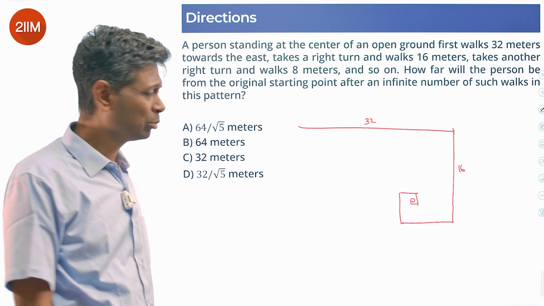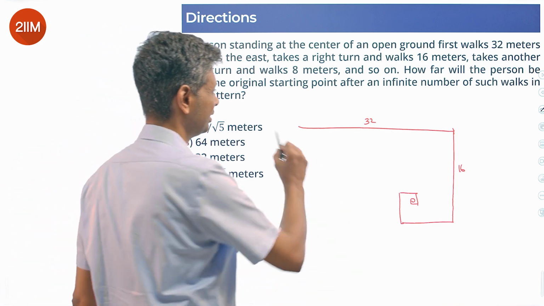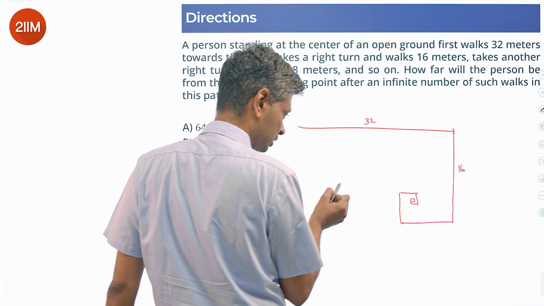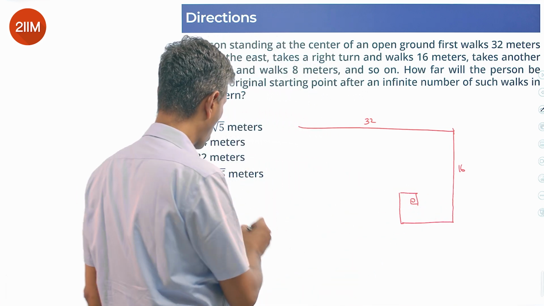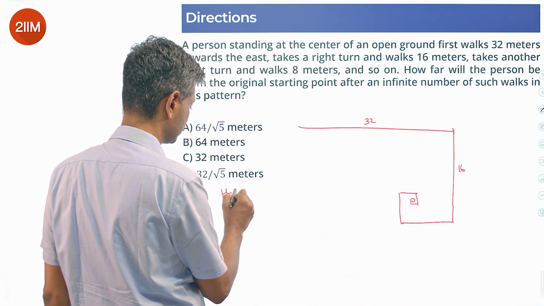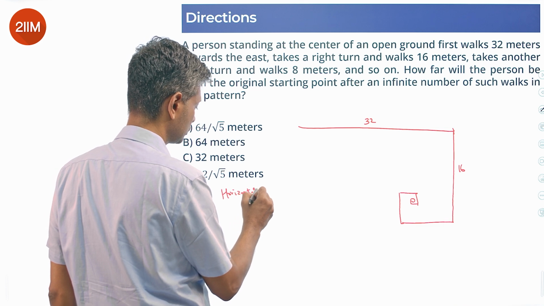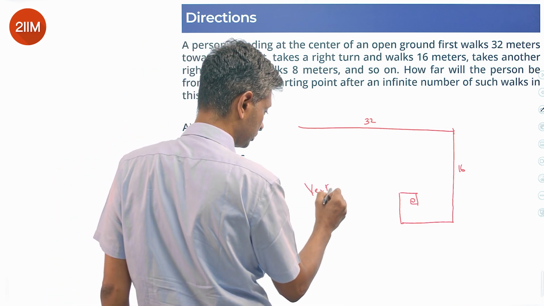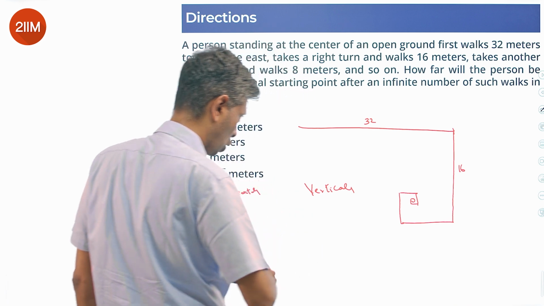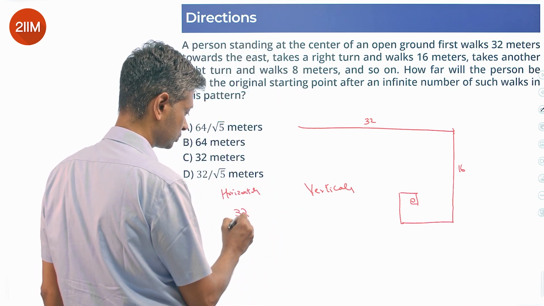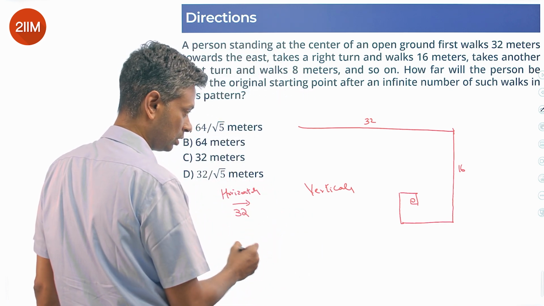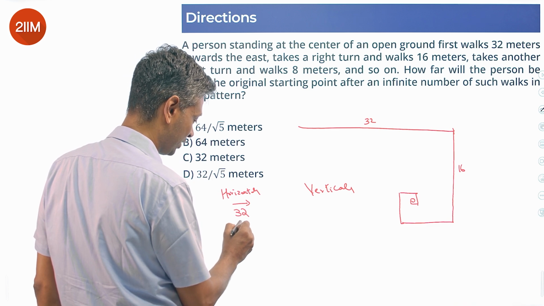And so think about this as two sequences. This 32, this 8, this number, all horizontals, and then all verticals. Horizontal will be 32 eastwards, followed by 8 westwards.